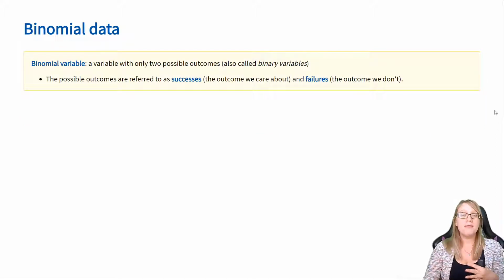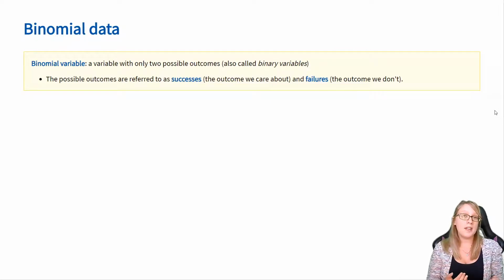Well, this type of variable is something that we refer to in statistics as a binary variable. So for us, a binary variable is one with only two possible outcomes, and we'll call these outcomes successes or failures. The outcome that we care about or that we want to see occur is typically referred to as a success. The other outcome or all other outcomes get lumped together as failures.